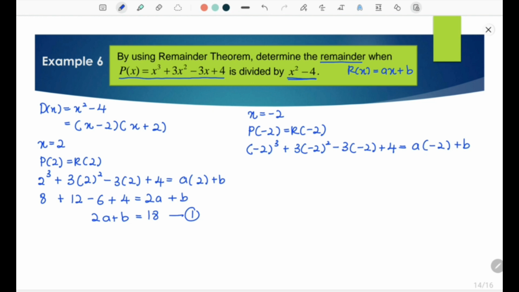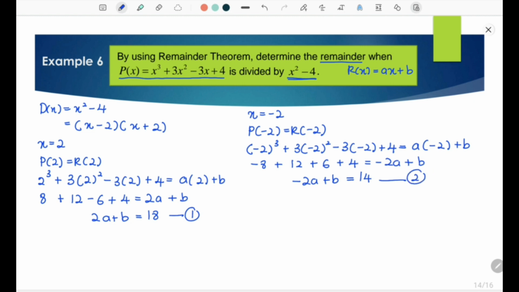I will expand these equations. So we get negative 8 plus 12 plus 6 plus 4 equal to negative 2a plus b. We are going to simplify these equations. First, I will write negative 2a plus b on the left hand side equal to 14. This is going to be the second equation.